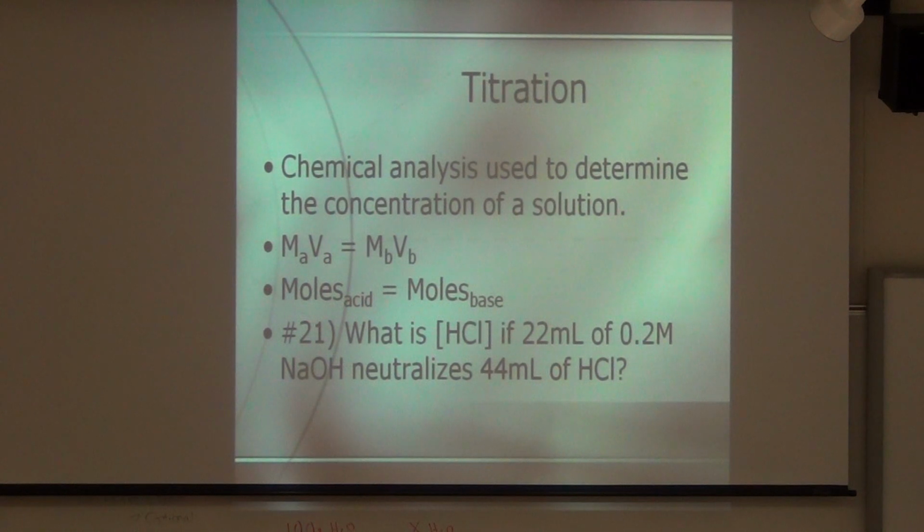So number 21, what's the concentration of hydrochloric acid? If 22 mils of 0.2 molar sodium hydroxide neutralizes 44 mils of hydrochloric acid. Same guy, just make sure your molarity of your acid and volume of your acid stay together, and base stay together.